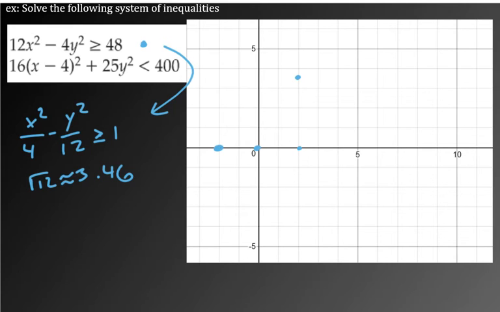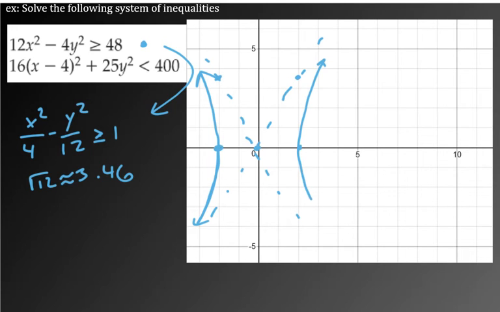And then we're going to go up the same amount and to the left this time. And so these are my asymptotes, okay? And then we just want to try to make a graph that is in those asymptotes roughly. So kind of like that, okay? And this one is a solid graph because it's equal to there, right?